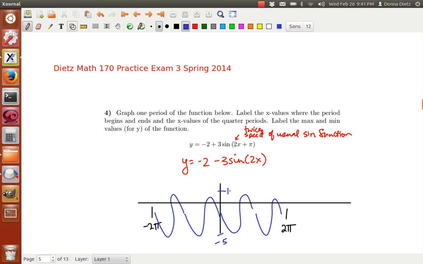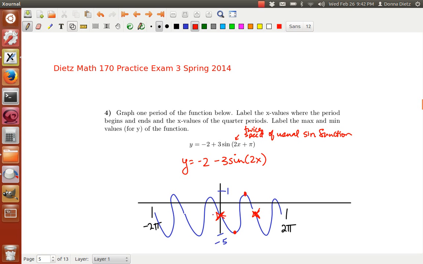In any case, you have to label max and min values, and if you draw this many periods, that's a pain, right? But anyway, you have to at least label 1 max and 1 min, because if you did a period, you would always include 1 max and 1 min in any one period. So since you were requested to graph 1 period, you have to at least label 1 max and 1 min. And so you have to figure out where all those are. The way we've drawn it now, it's kind of confusing, but from here to here is 1 period.